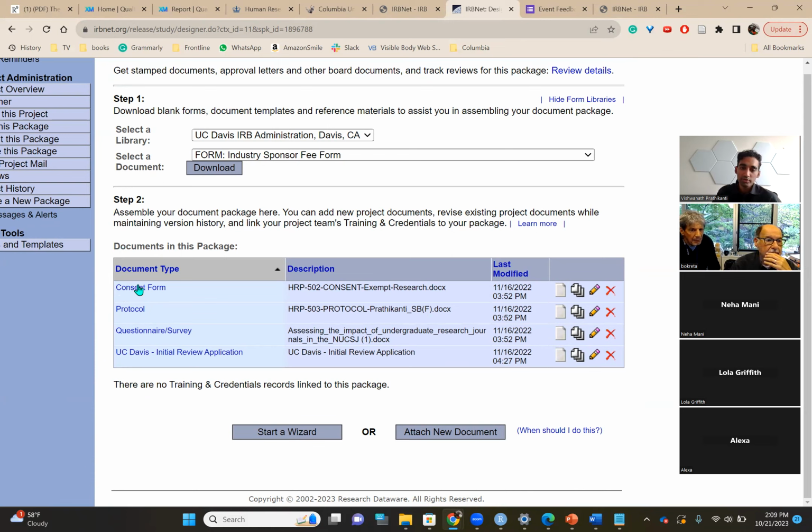First of all, I had a consent form, which was simply: do you consent to have your information stored on an encrypted database? Next, I had the protocol document and the initial review application, which are perhaps the most important ones and the most similar ones.